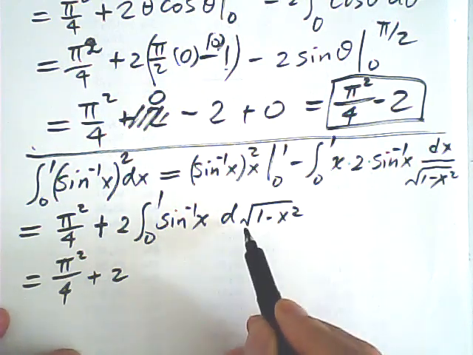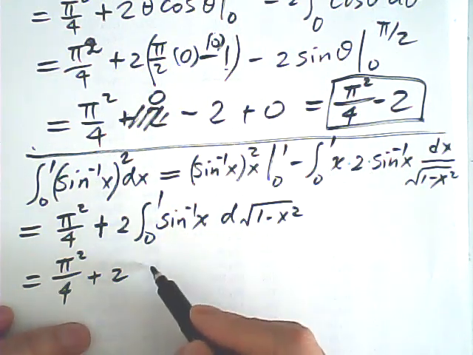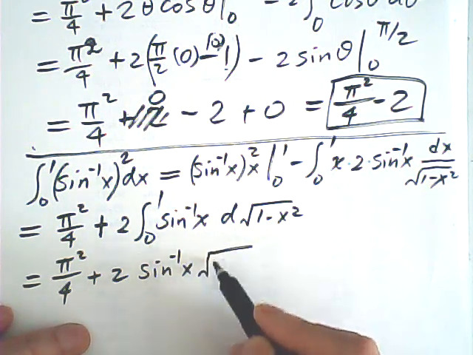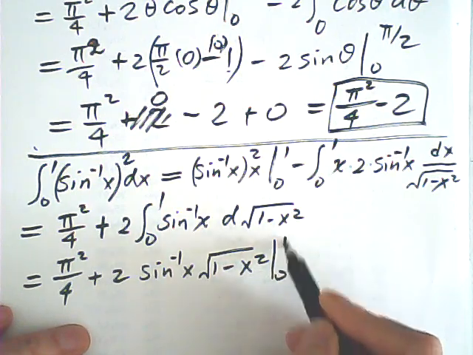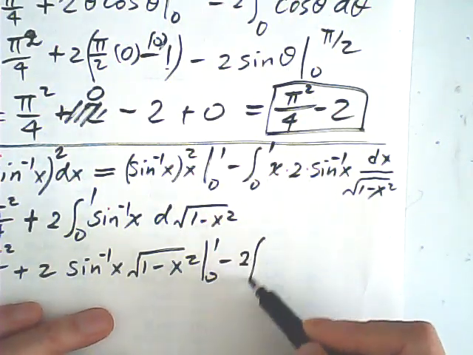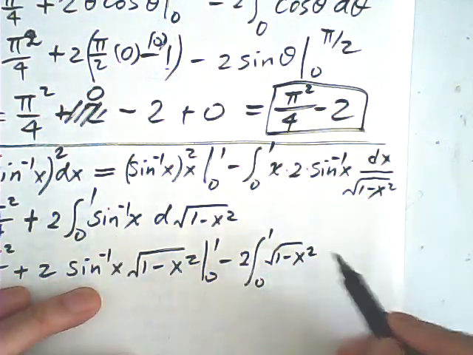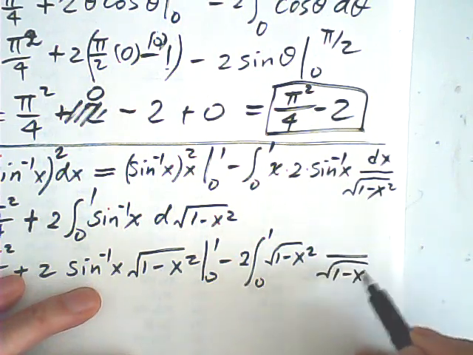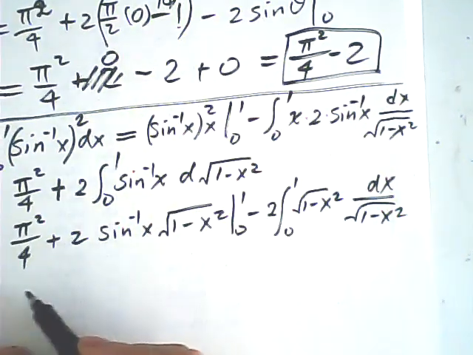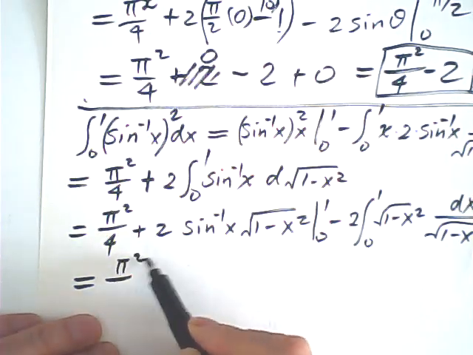Now by parts again, this is u, this is dv, right? So uv minus v du. V is this. Du is this dx, right? So just cancel out. So this becomes 4.